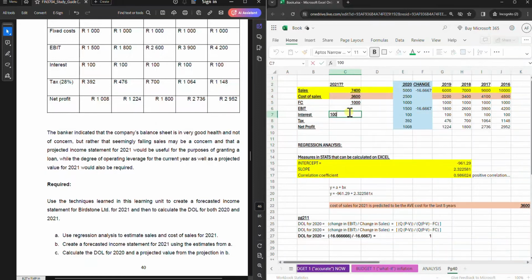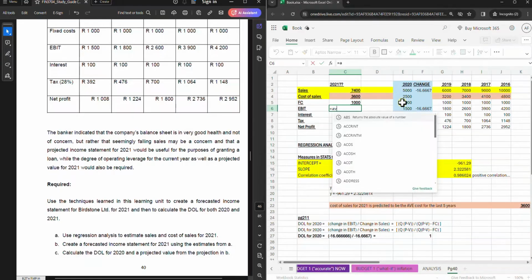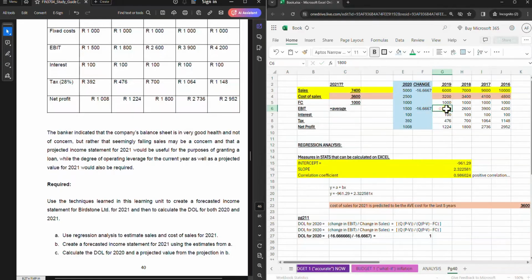Interest will be 100. We don't need the rest actually, we just need EBIT. What would EBIT be? Do these figures match? No, they don't. So you're going to have to estimate that as well. You'll have to average it out.